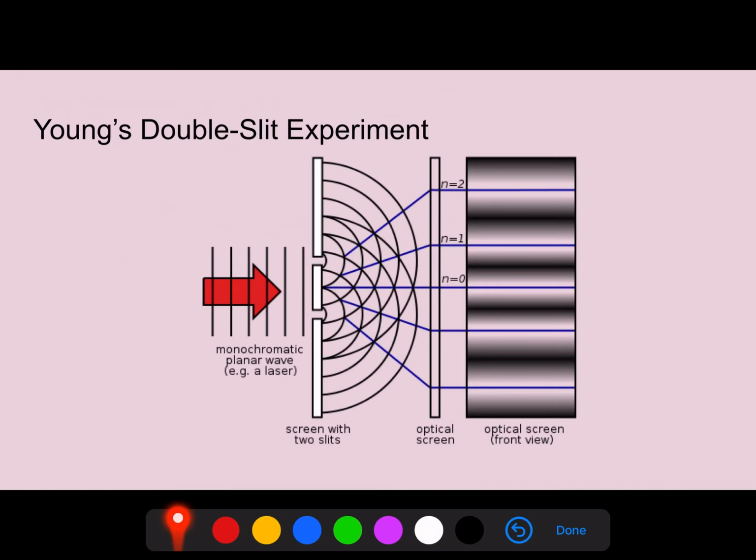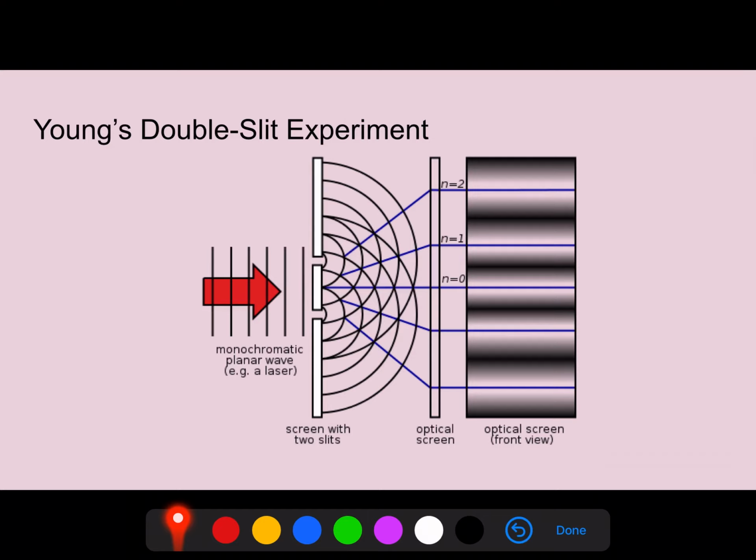Okay, so the question might be, when do we see light behaving this way? A famous example of this is Young's two-slit experiment, which took essentially a plane wave coming in and forced it onto an obstruction that only had two small slits in it.